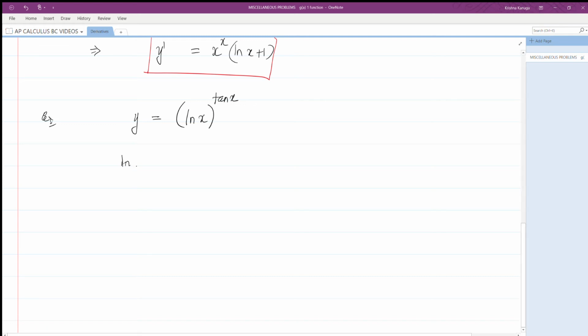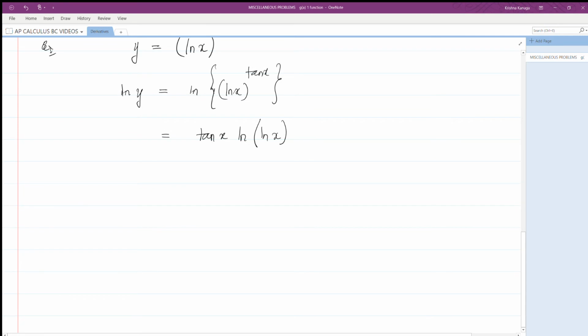We can write it as ln y equals ln of ln x to the power tangent x. Let us first simplify the right hand side, and I can rewrite this as tan x times ln of ln x. We're now ready to differentiate both sides.